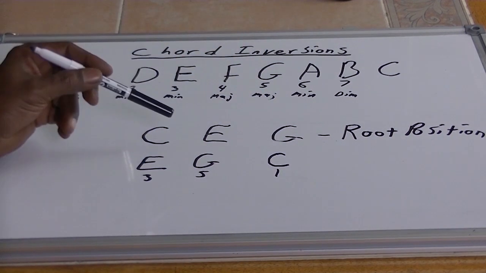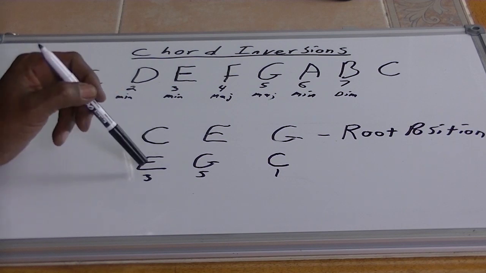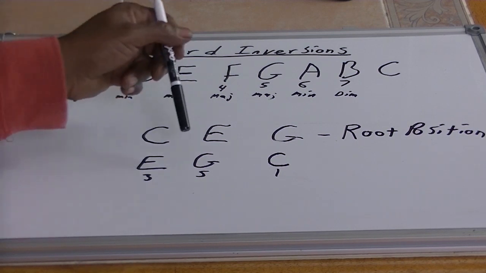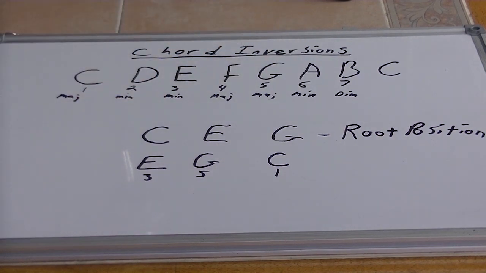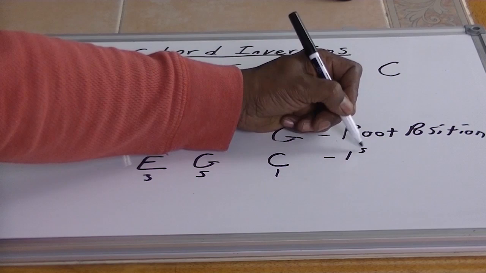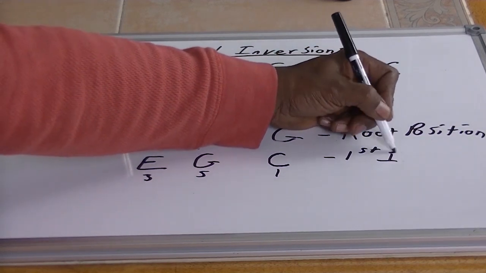When we have the third of the chord, that is this E, as the lowest note of the chord, we have what's known as the first inversion.